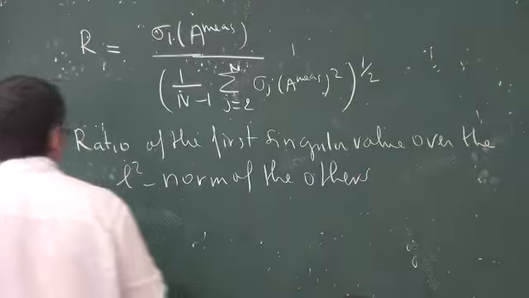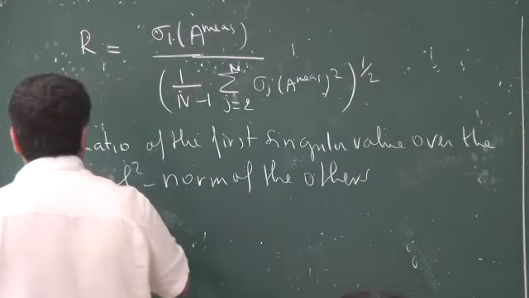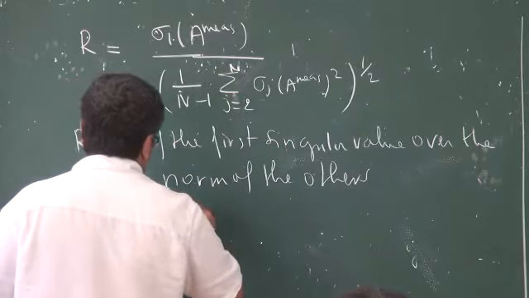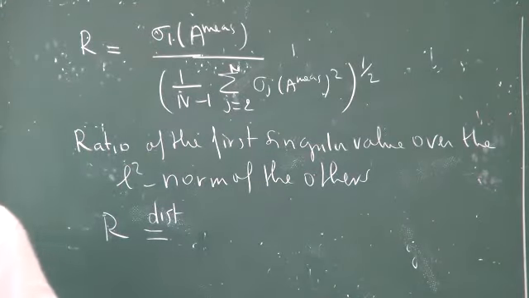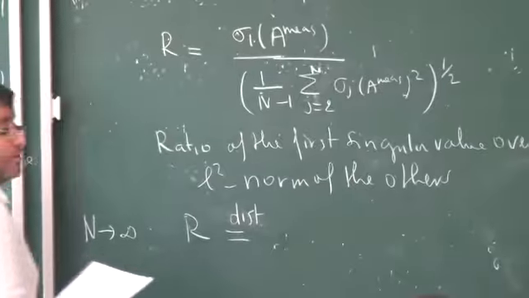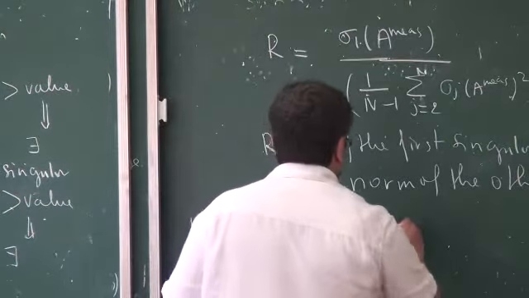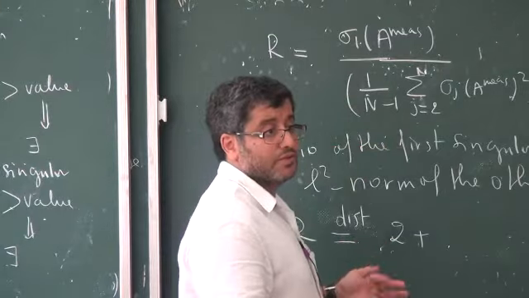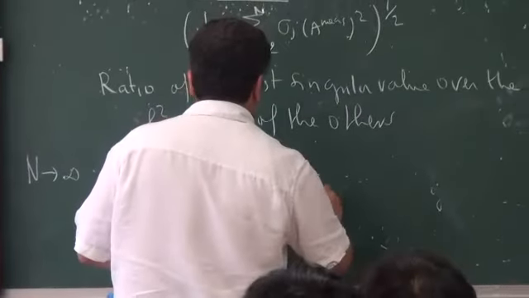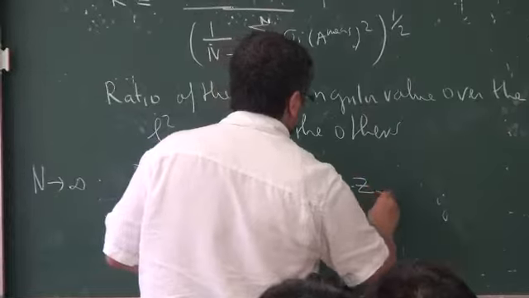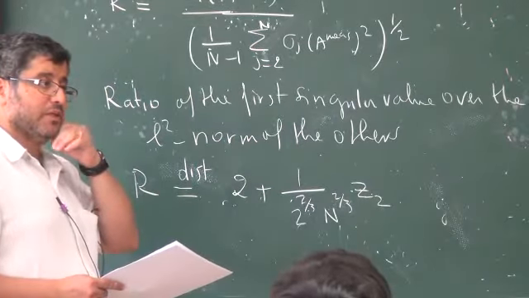Using what I showed this morning, we can have a statistical distribution of R. In distribution, as n goes to infinity, where n is the size of the multistatic response matrix, R has this distribution: 2 plus 1 over 2 to the power 2/3 n to the power 2/3 z2, where z2 is the type 2 Tracy-Widom distribution.